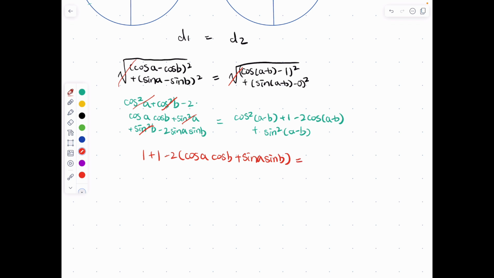So that is equal to 1 plus 1 minus 2 cosine of a minus b. So now these will cancel out, and this will cancel out. So we will get cosine of a minus b is equal to cosine of a cosine of b plus sine of a sine of b.